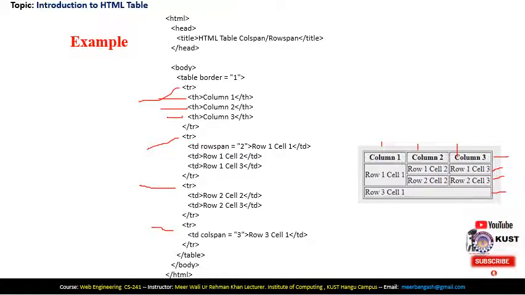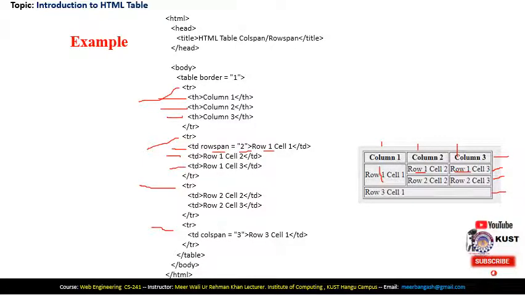two rows are merged, here two rows are merged. For that we use TD rowspan, which means it combines two rows and makes a single cell and displays this data, then this data, and then this TD will display this data.